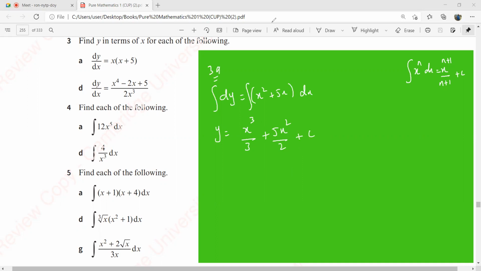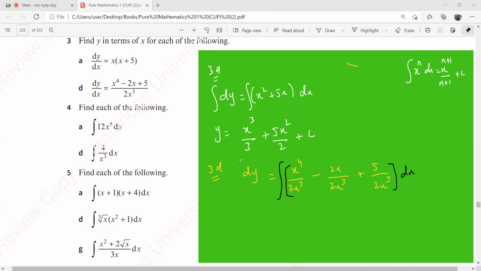Okay. If you look at the d part, 3d, you have dy on one side, okay? And I'll split this up. I'll be writing it as x to the power 4 over 2x cubed minus 2x over 2x cubed plus 5 over 2x cubed. Okay? So now I have to use this integration mark here, and this is your dx.